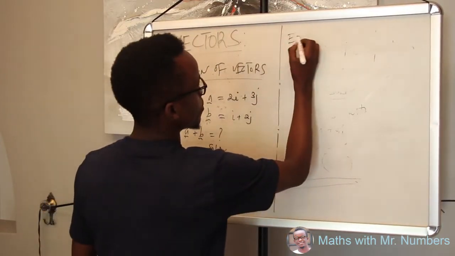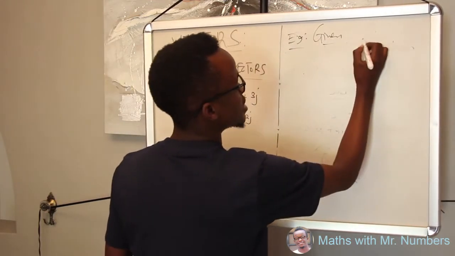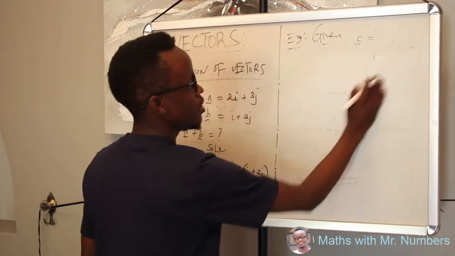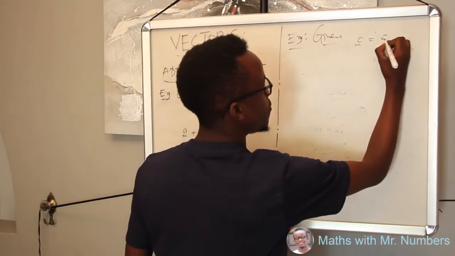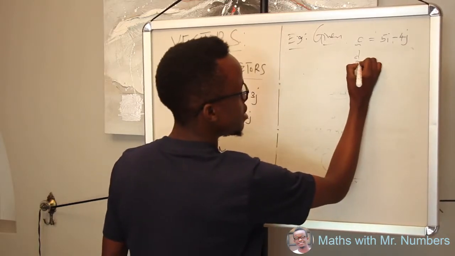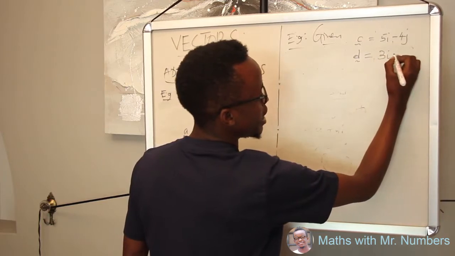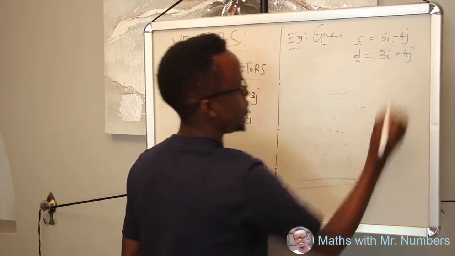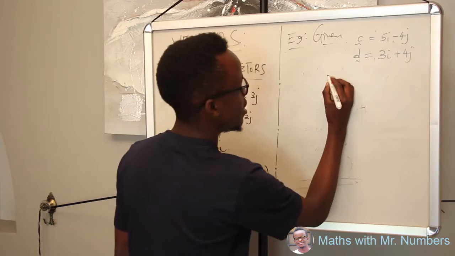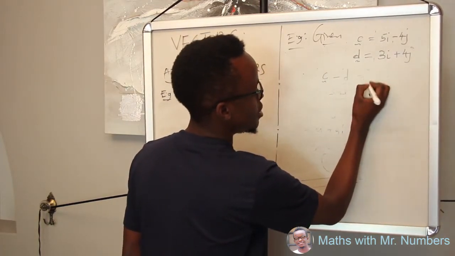Example, given vector C equals 5i minus 4j, and vector D equals 3i plus 4j. Therefore, you have to find vector C minus vector D.